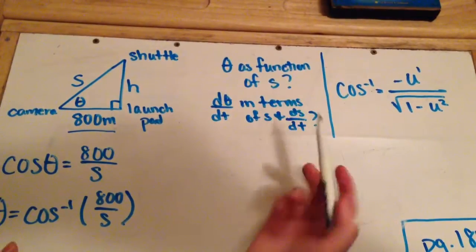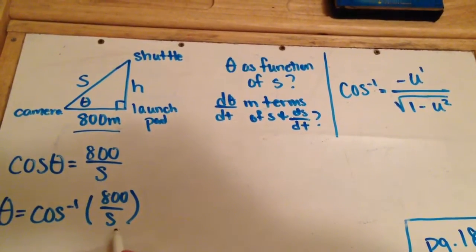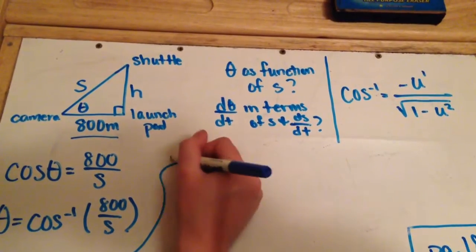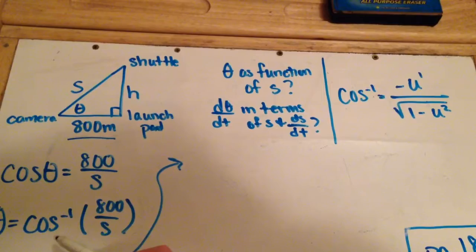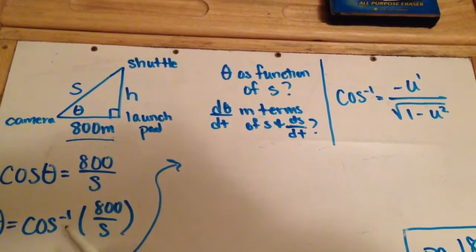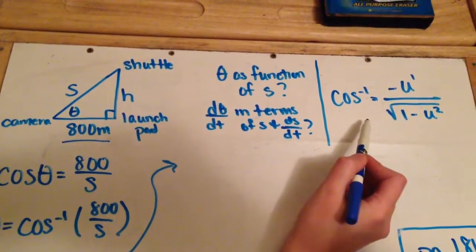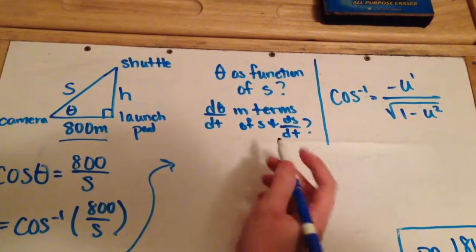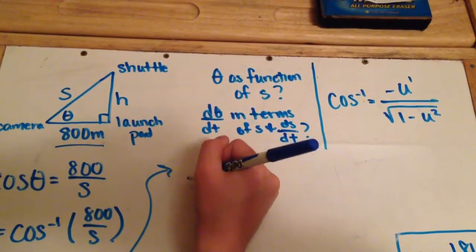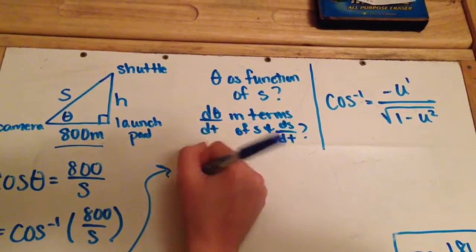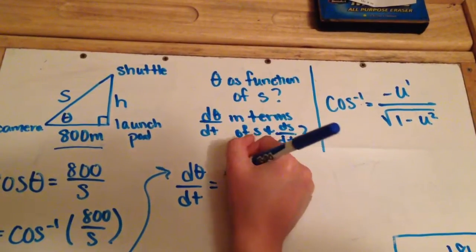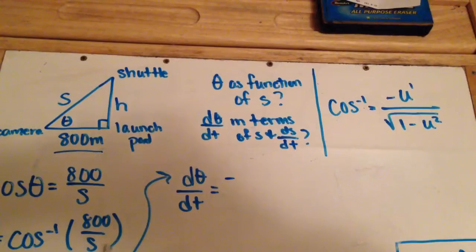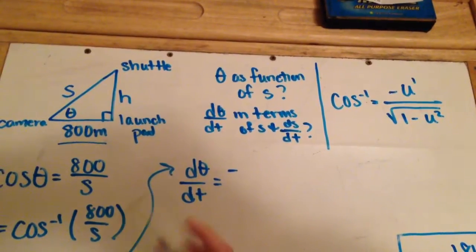Now we have to differentiate this equation. Since it is inverse, we're going to use this equation. So the derivative of theta is d theta dt equals negative u prime, so the derivative of 800 over s.